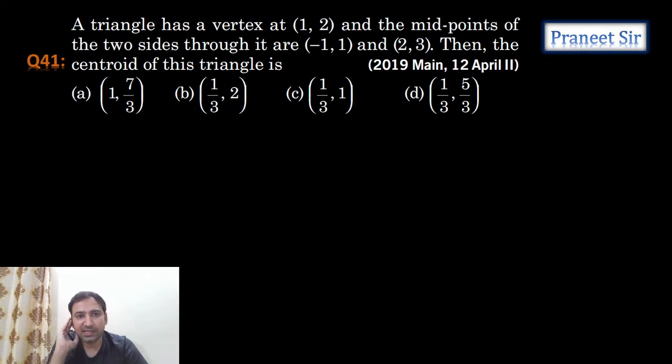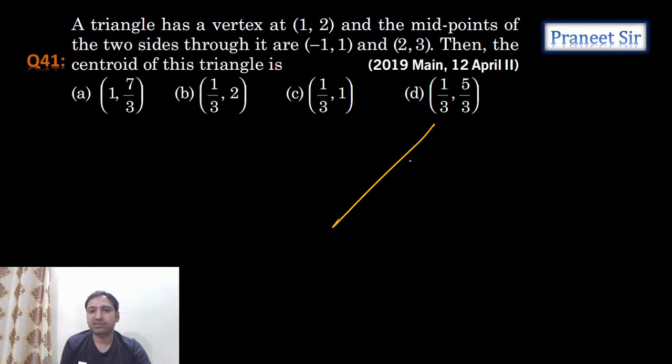Yeah, this is a 2019 question. I think yesterday in the previous session we didn't discuss this question, right? A triangle has a vertex at (1, 2), and the midpoints of the two sides through it are (-1, 1) and (2, 3). Then the centroid of this triangle.